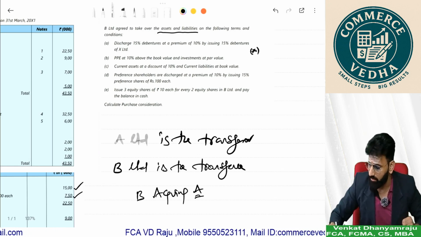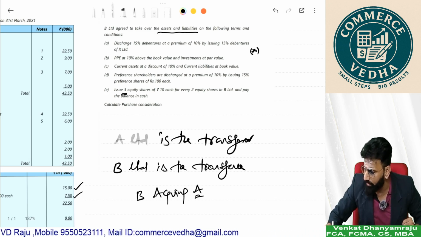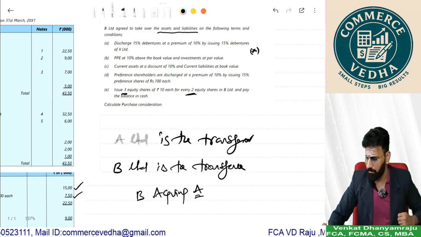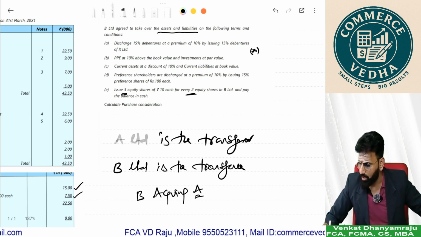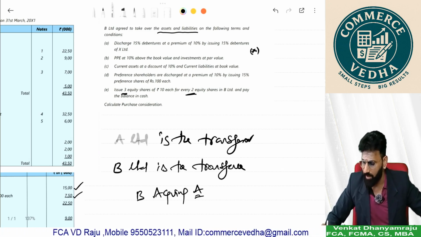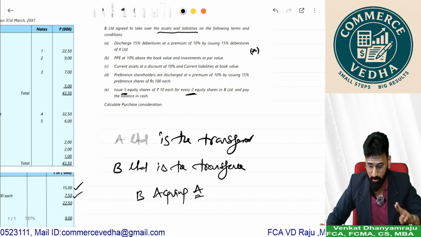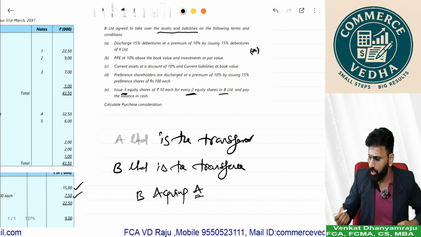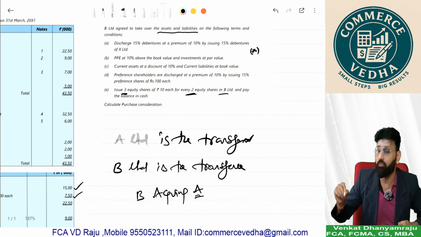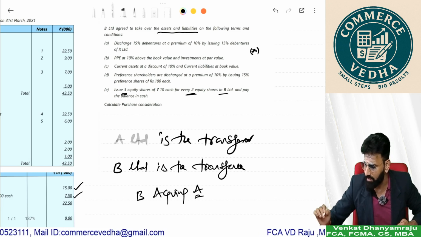Equity shareholders will receive 3 equity shares of 10 each in B Limited for every 2 shares held, which means if I am holding 2 shares in A, I'll get 3 shares in B, and the balance will be paid in cash.